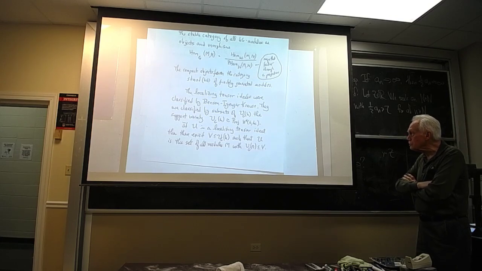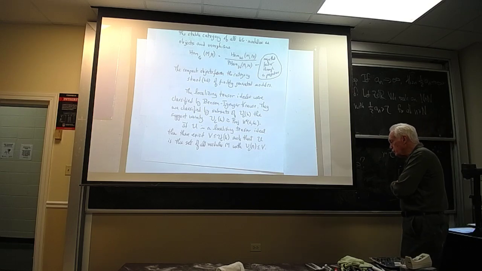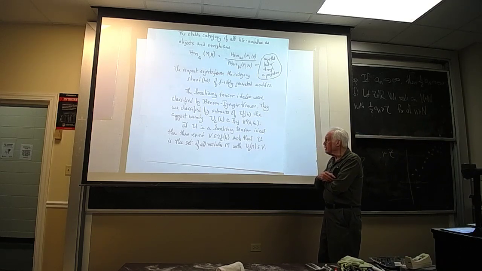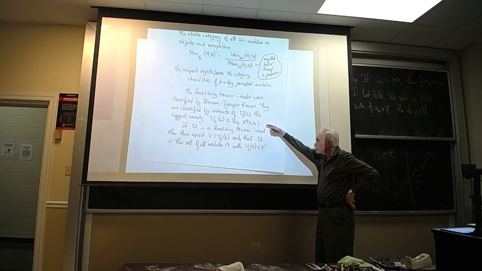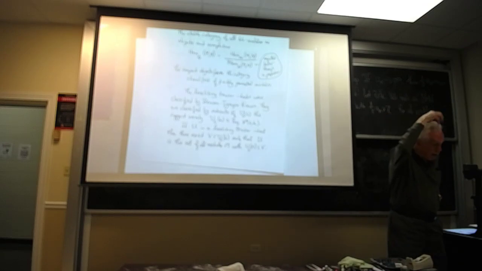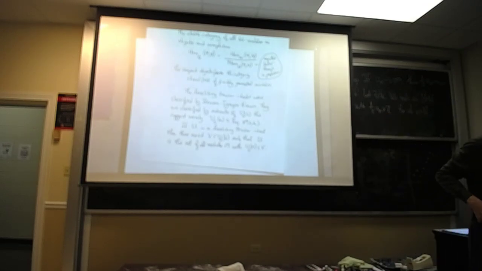They're classified by subsets of the support variety, which is basically homeomorphic to the Proj of the cohomology ring. That is, the Proj of the cohomology ring is the collection of all homogeneous prime ideals with the Zariski topology on it.